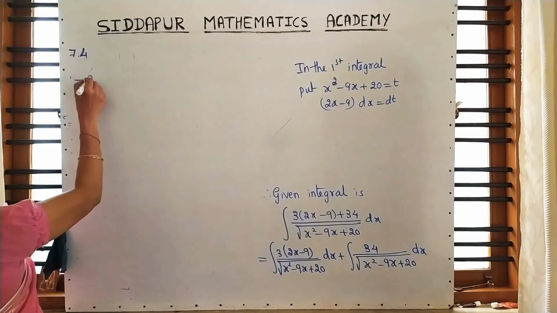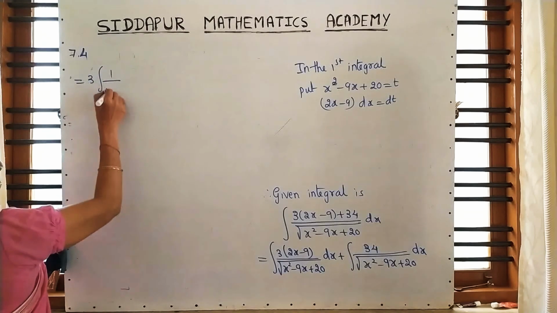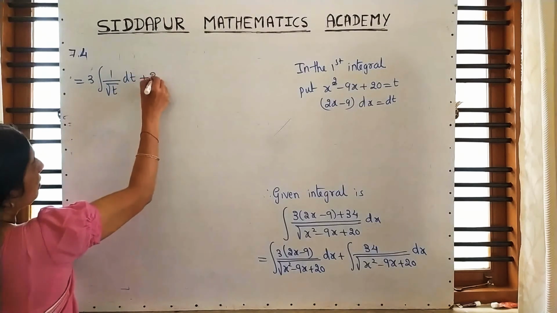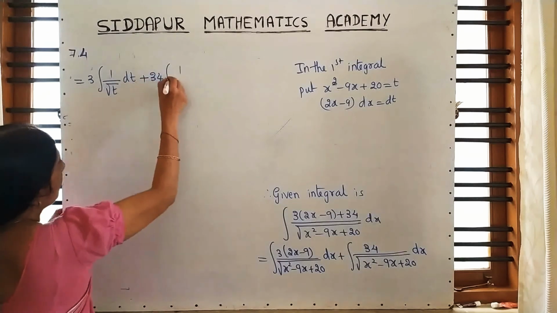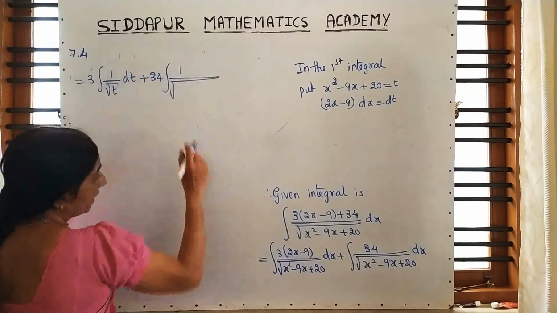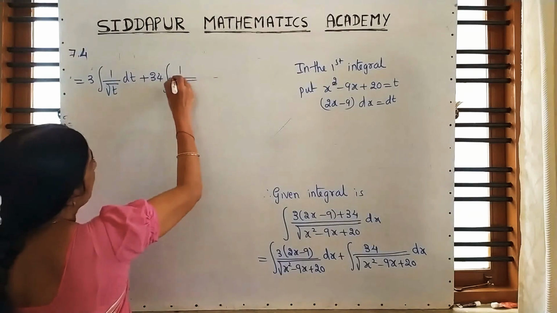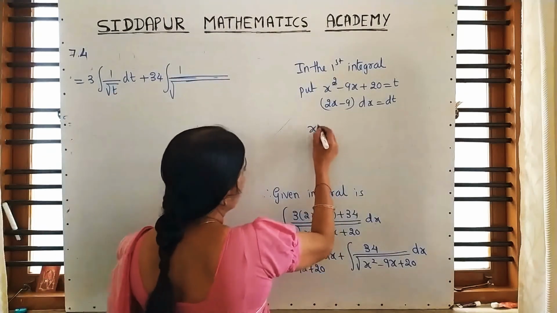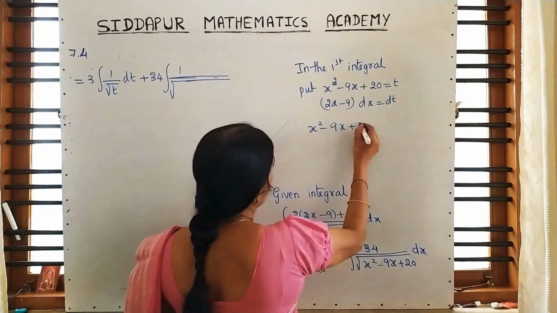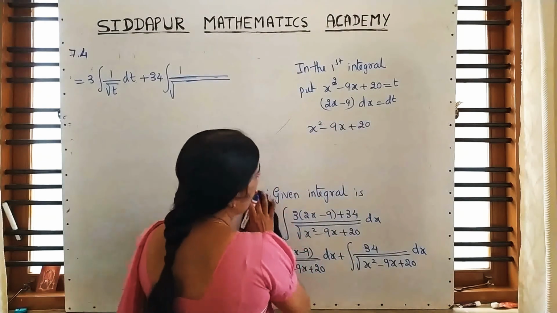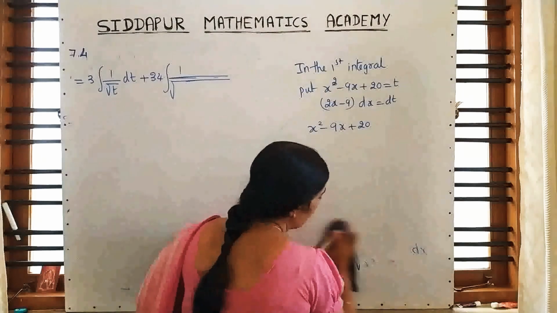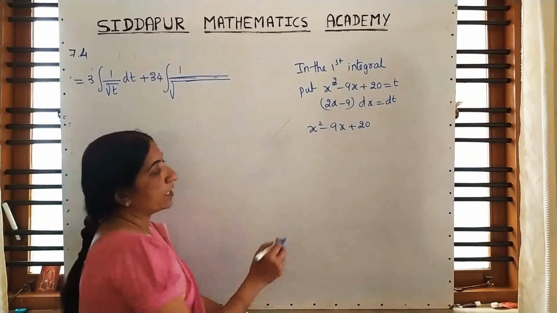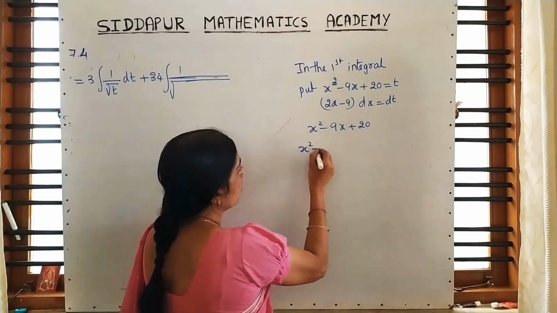So 3 outside, 1 upon root t into dt plus 34 outside, 1 upon root of, make it a perfect square. Already we are familiar. On the side write down x square minus 9x plus 20. See here, x square coefficient is plus 1. The first step is completed. X coefficient is 9. Half of that is 9 by 2.